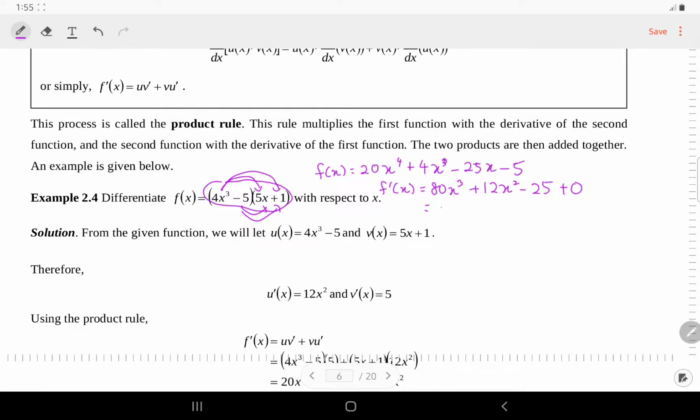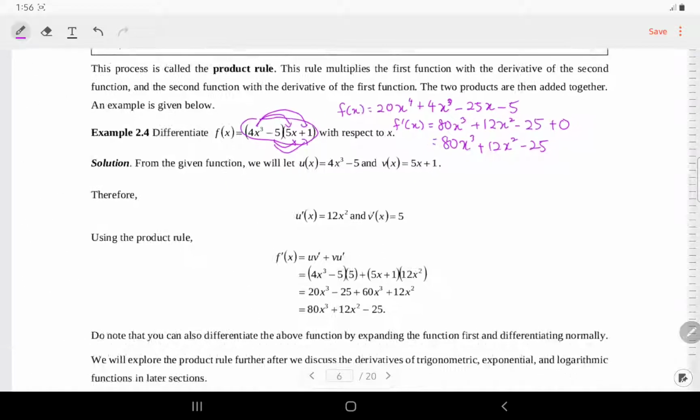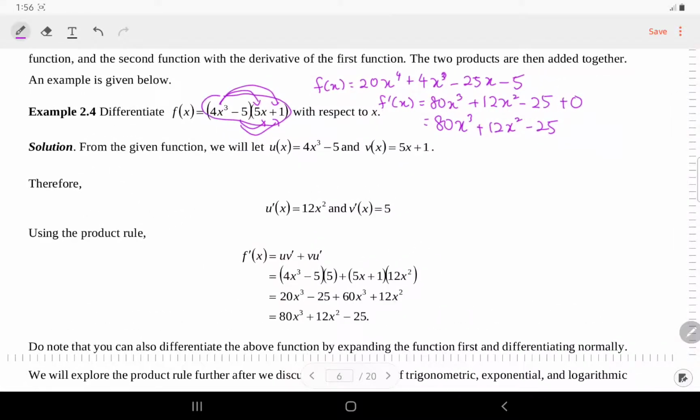So it will become 80x cubed plus 12x squared minus 25. Okay, you can see here the answer is the same as this answer, which we got using the product rule.